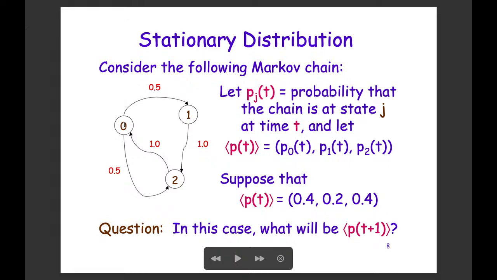So interestingly, that means that if we are now at a scenario where we have 0.4 chance, 0.2 chance, 0.4 chance here, then this distribution of probabilities will remain the same after one more step. In such a case, we call this distribution a stationary distribution because it will stay here forever.